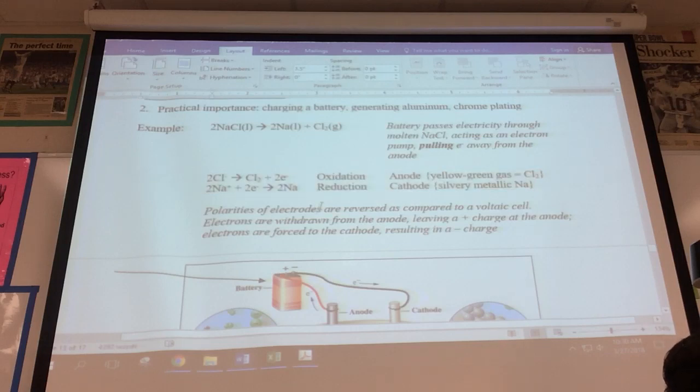The other thing that you would see as the reaction occurred is that the sodium metal, the cathode, would increase in mass as more and more sodium is generated. In addition, anytime you generate a gas, what will you see visually?